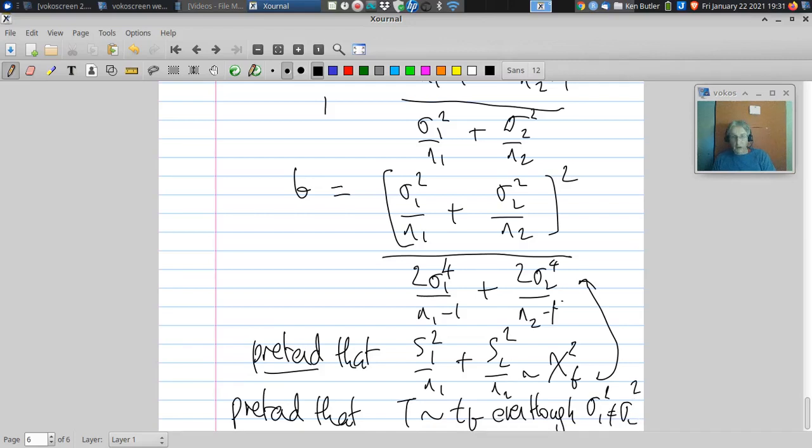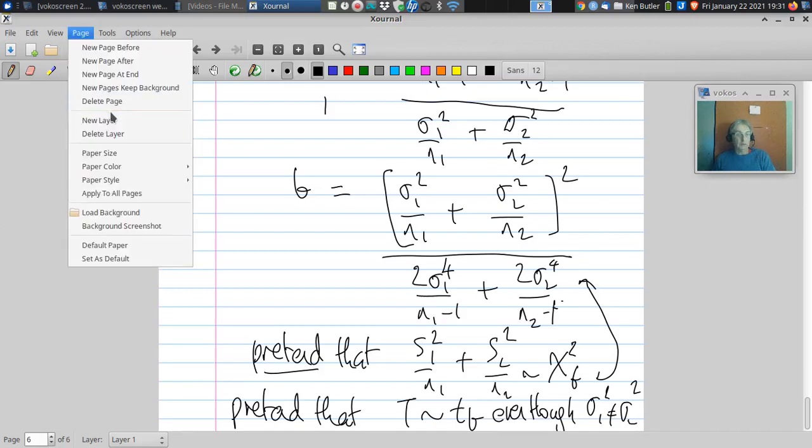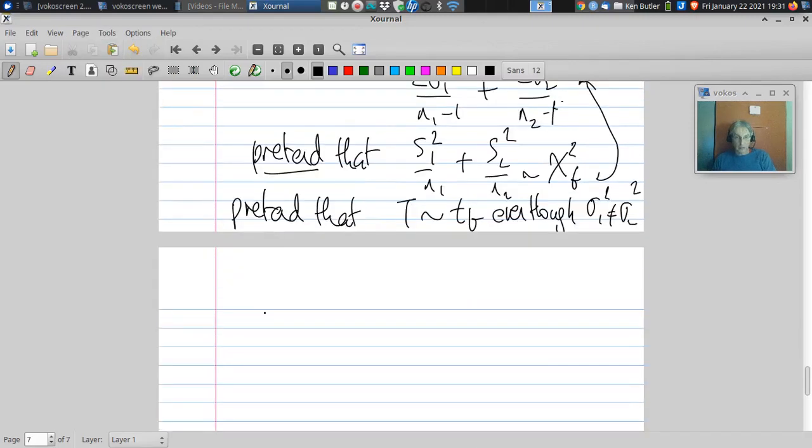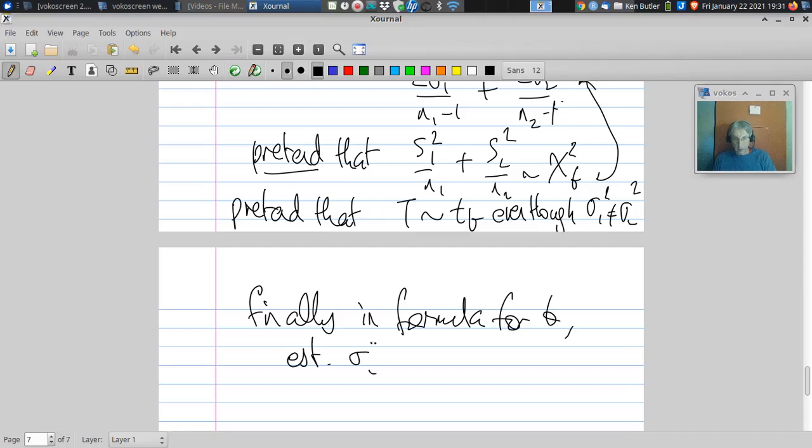The last piece, which we need another page to say. New page at end. The last thing is to say, finally, in the formula for B, estimate sigma i squared by the sample variance s i squared, because we don't know sigma i squared.